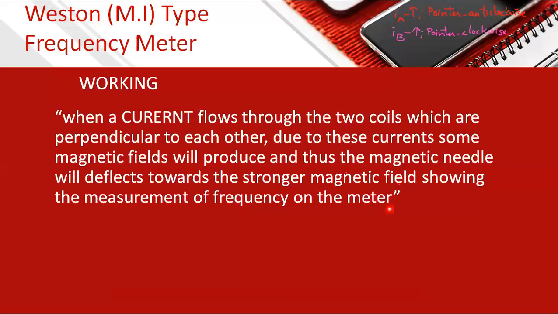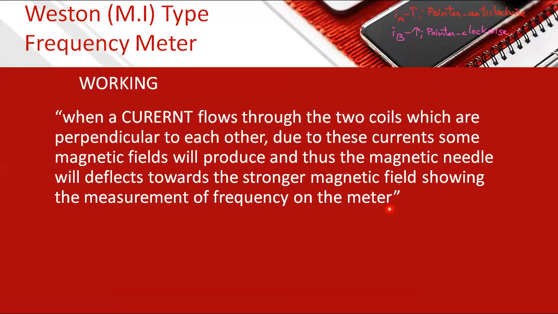So we have seen that when currents in both the coils flow, then you will have two magnetic fields produced. They are making 90 degree to each other. But the soft iron piece, which is attached to the spindle, it will try to move towards the stronger one.